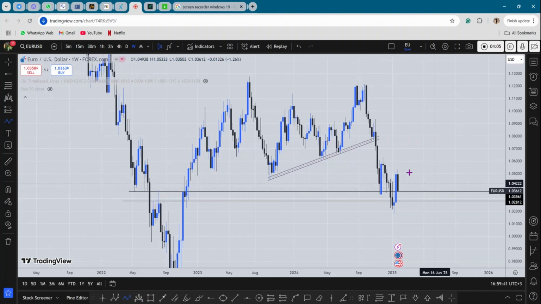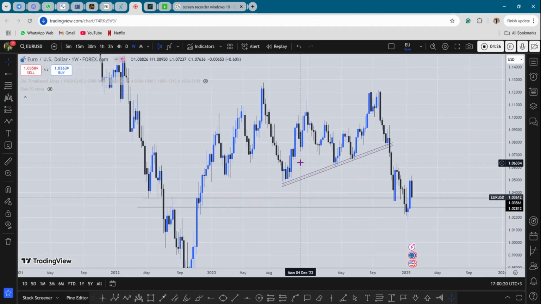Right here you can see that we have a potential head and shoulders on the weekly. This is the left shoulder, this is the head, and we are coming to tap in the next right shoulder, possibly for reversals or for an impulse move to the upside. On the weekly we keep the chart as clean as it is right now.